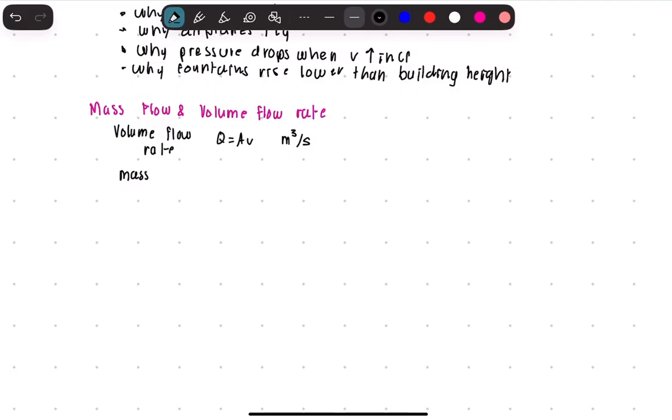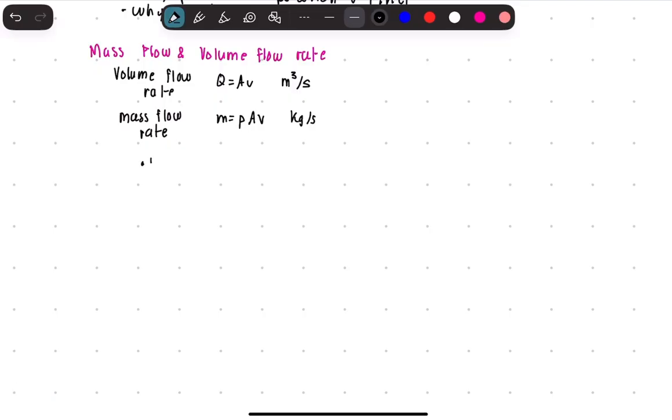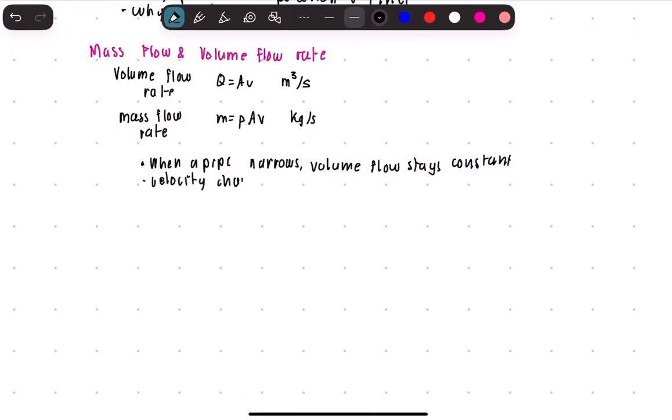The mass flow rate is just equal to ρAV, with the units being kilograms per second. What you need to know is that when a pipe narrows, the volume flow stays constant. Also, velocity changes to keep Q constant.